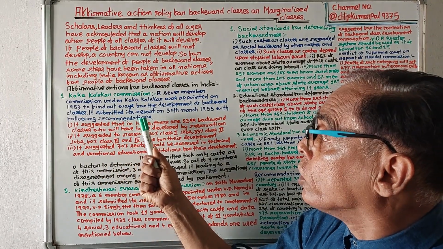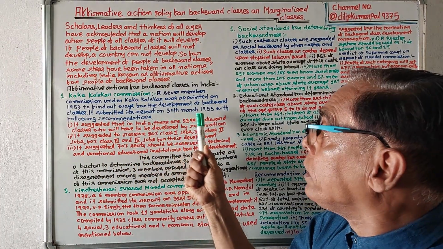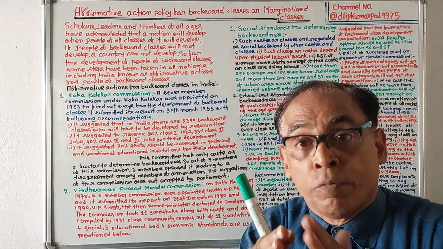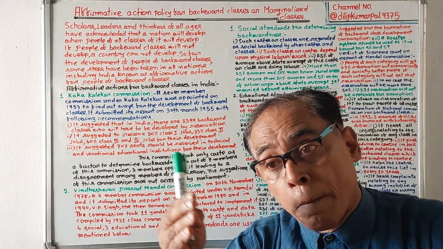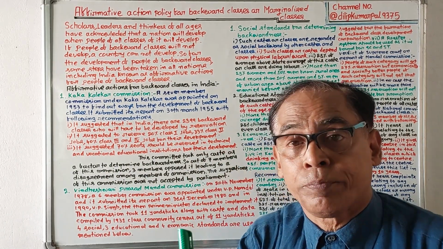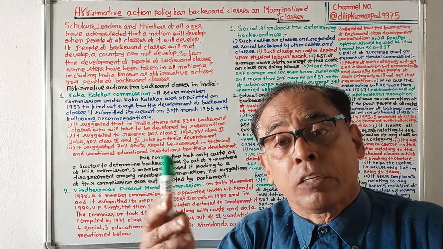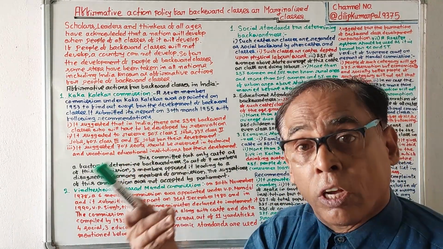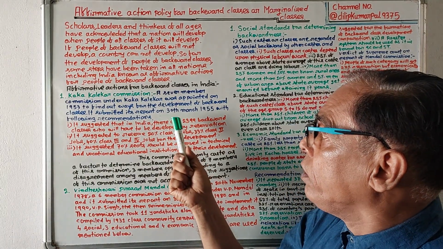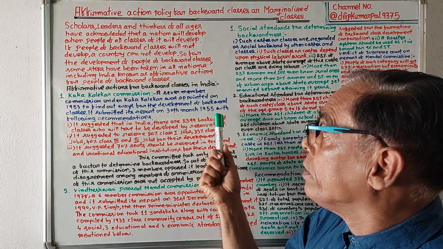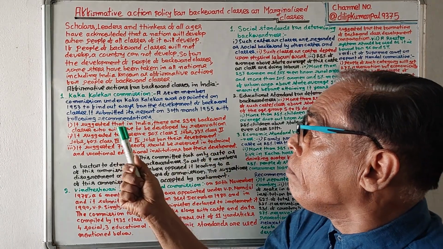It submitted its report on 30th March 1955 with the following recommendations. For the development of people of backward classes, in 1953, Kaka Kalekar Commission was appointed, and this commission submitted a report on 30th March 1955 with some following recommendations.